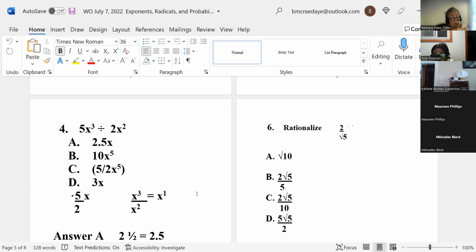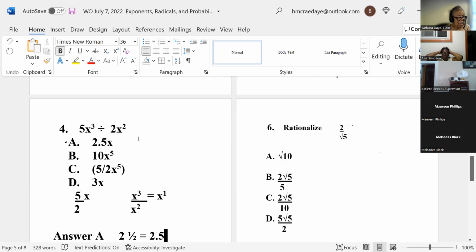Well, if you have multiple choice, you have to pick an answer that matches your answer. If your answer doesn't match one of them, you ask, can I translate that to something else? Once you got the 5/2, you said, I've got an x here. I only see an x one other place, and that's my D, right? But it can't be x to the 3 because 5/2 is not 3.